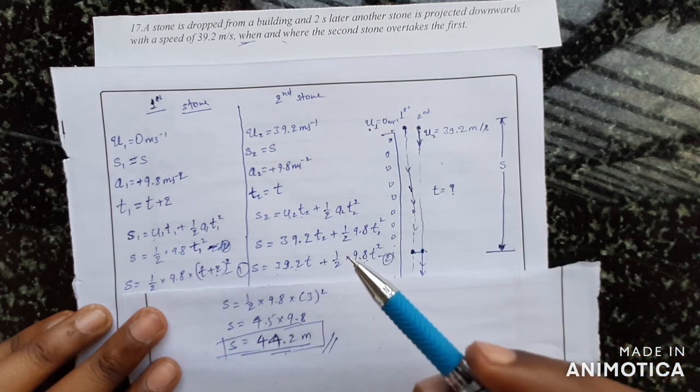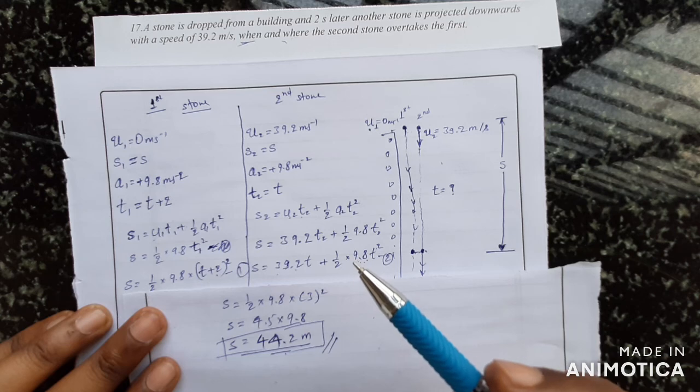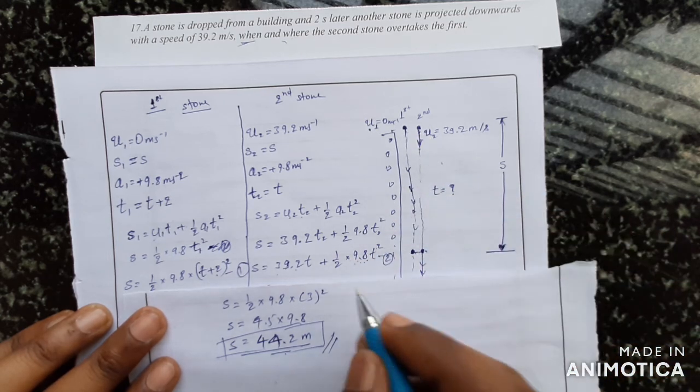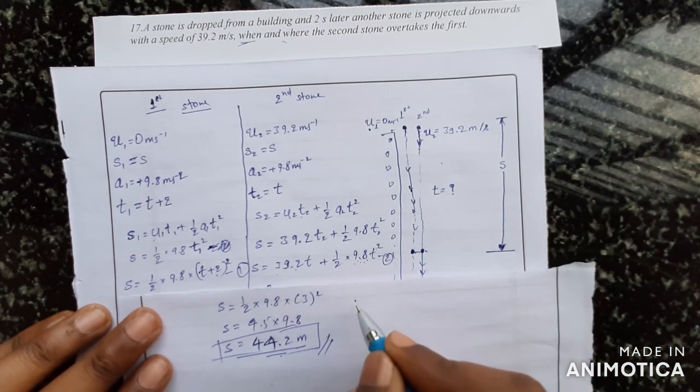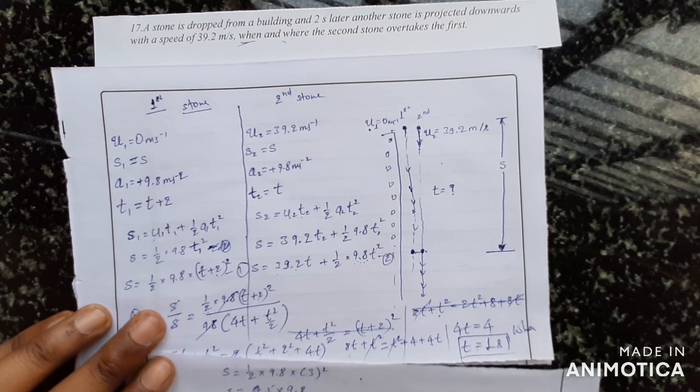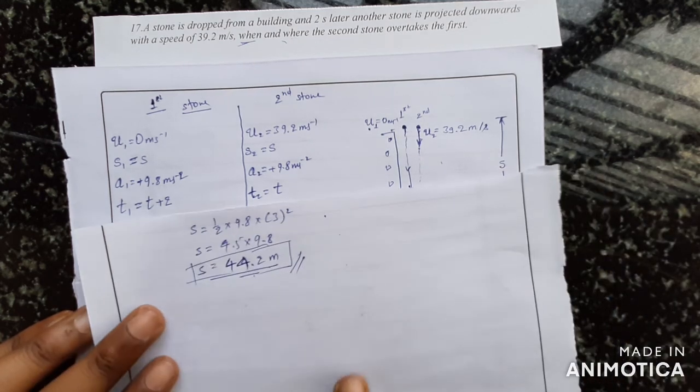So the final answer shall be written like this. We have t 1 second, displacement 44.2 meters.